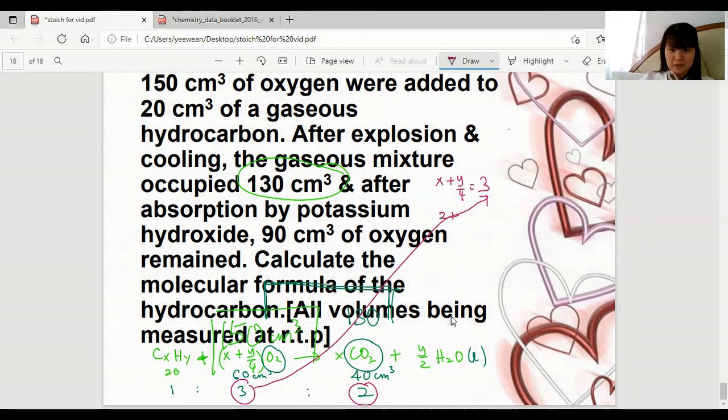So 2 plus Y over 4 equals 3. So Y equals 4. So this hydrocarbon is C2H4.